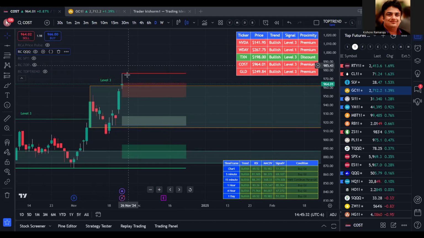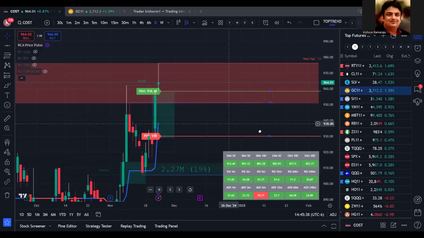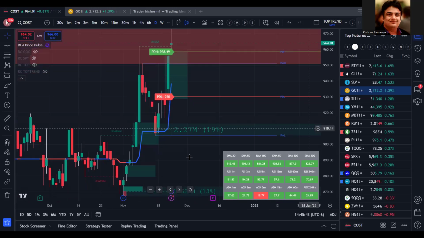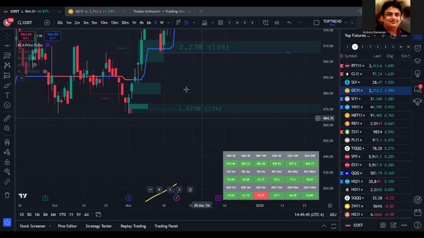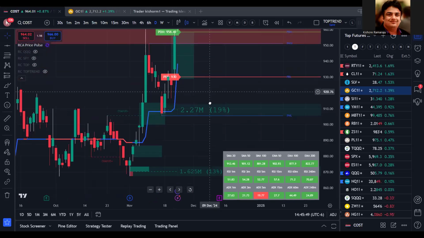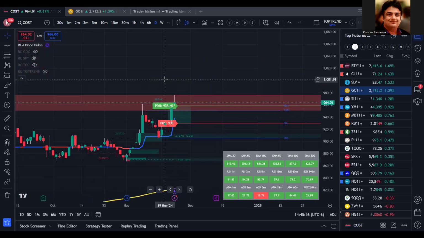But if you see a red candle, now you hide it and see in the price pulse. As of now, there are no major sell order blocks, because buyers are still buying it. $1.6 million at 870, 2.2 million stocks at 910. So people continue to buy it. As of now, there are no major sell orders here.